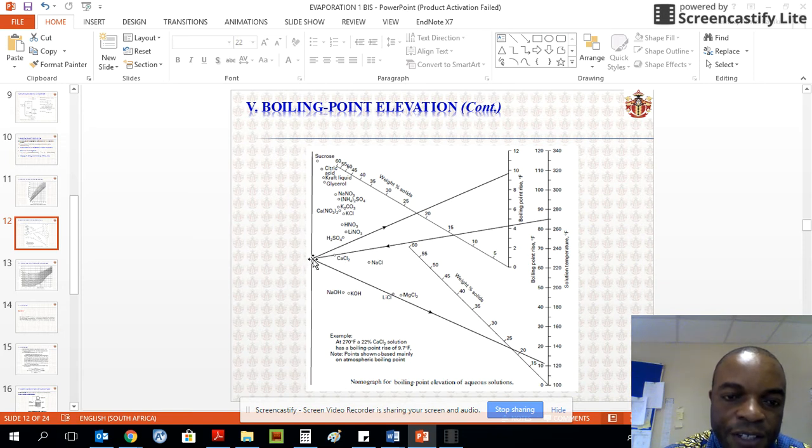You have the intersection with the left-hand side vertical line. From this intersection, knowing the composition, which is 22% of calcium chloride, you can draw the line which will give you the rise in boiling point, which is around 9.7 degrees Fahrenheit.